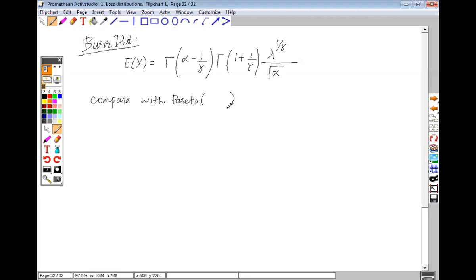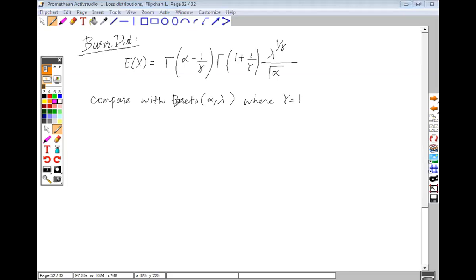Let me just check once. Yes, it was Pareto with 2 variables, alpha and lambda, where gamma is 1.